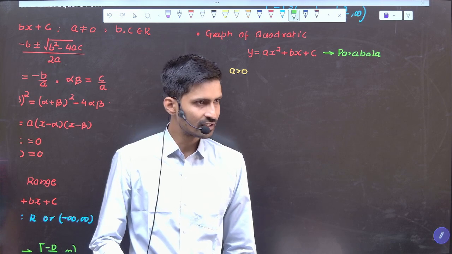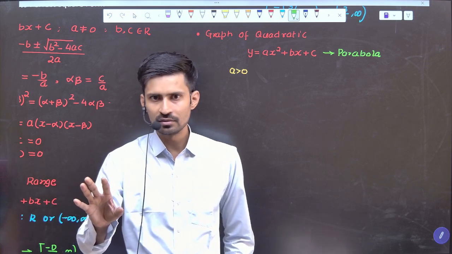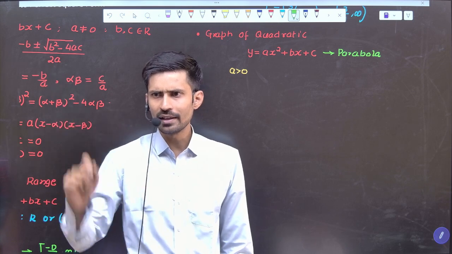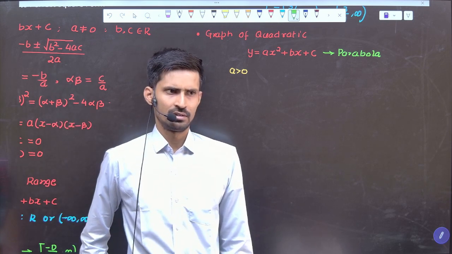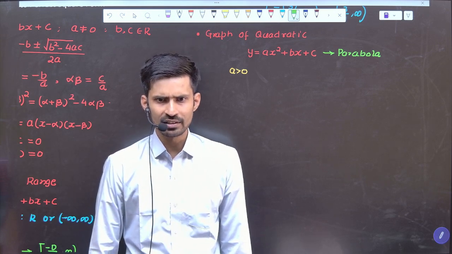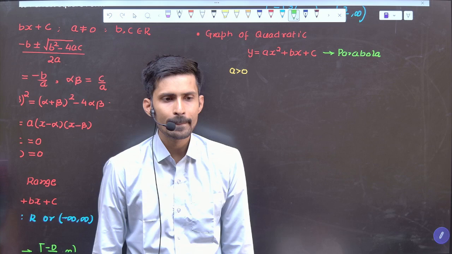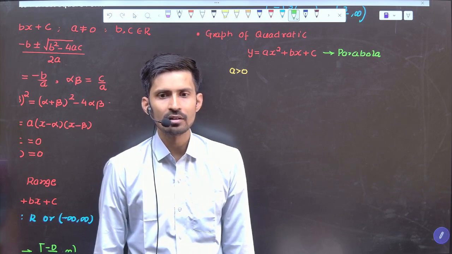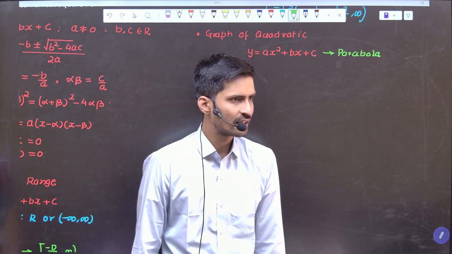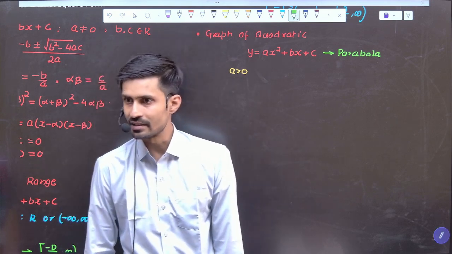So in physics, is there anything which is directly proportional to a square? I square is there somewhere? Heat. Heat is equal to I²R, where R is resistance. Yes or no?